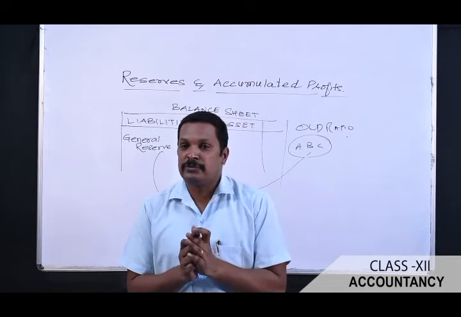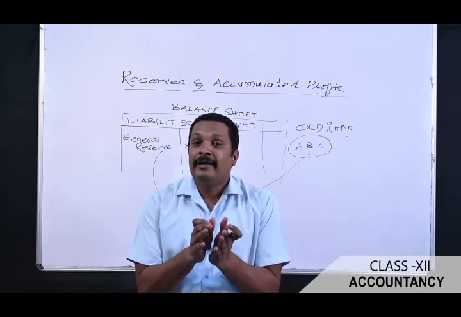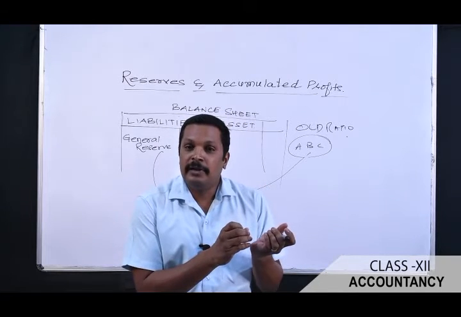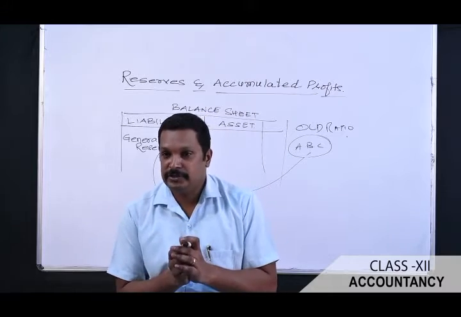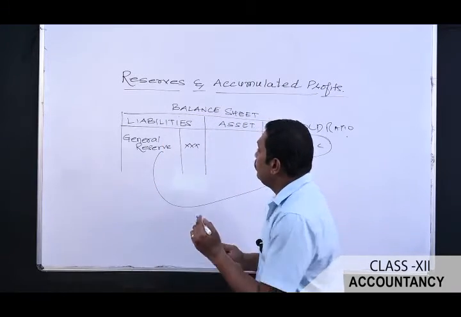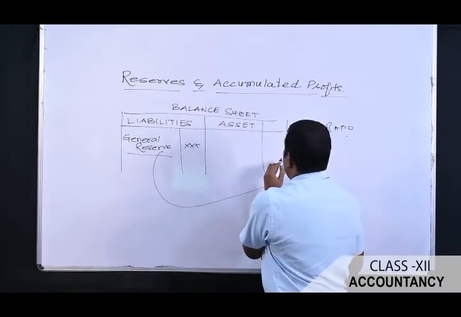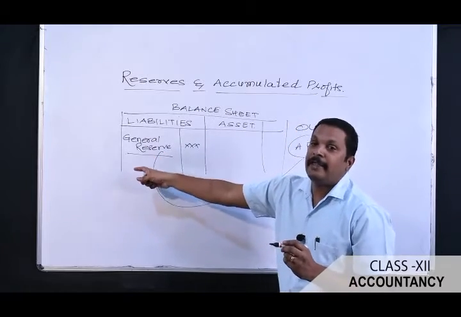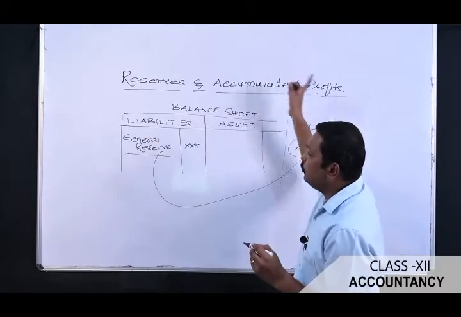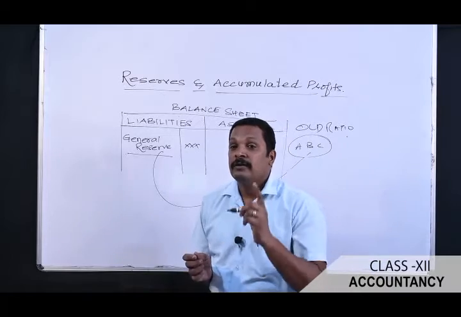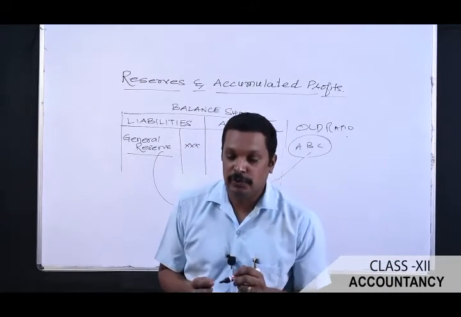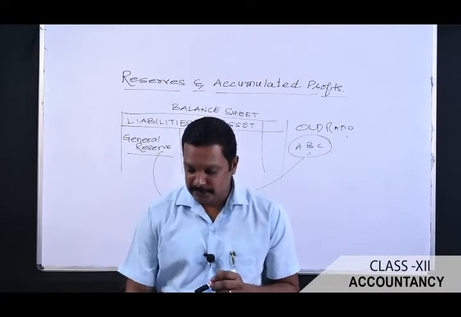Because of the change in profit sharing ratio, nobody gets undue advantage, nobody gets undue disadvantage, isn't it? So we have to transfer the reserves and accumulated profit to the respective partners capital accounts in the old ratio only. How? What will be the entry?